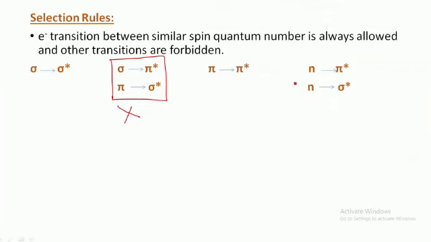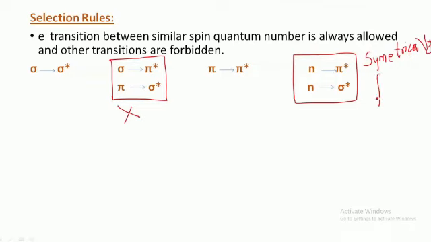Now, n to sigma star and n to pi star, we know that these will be taking place. These are termed symmetrically forbidden. Sorry for my handwriting. It is symmetrically forbidden.